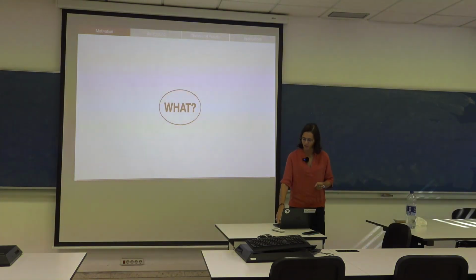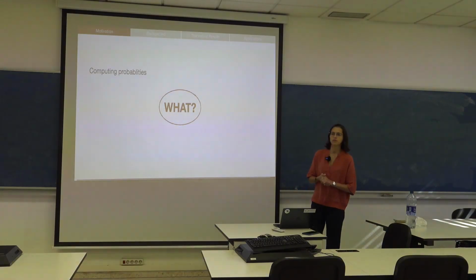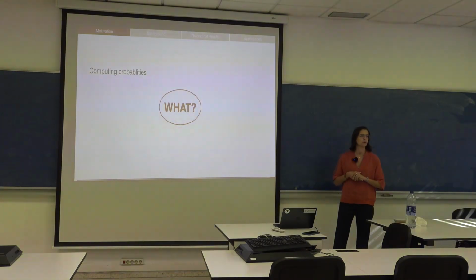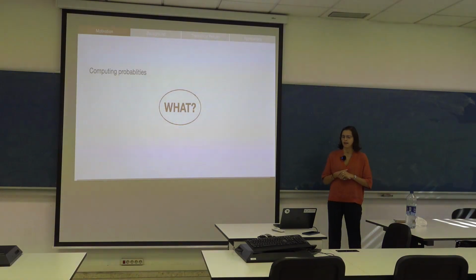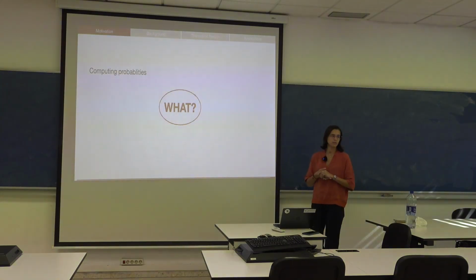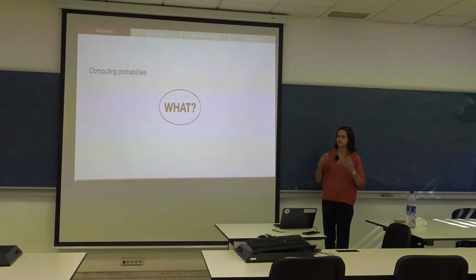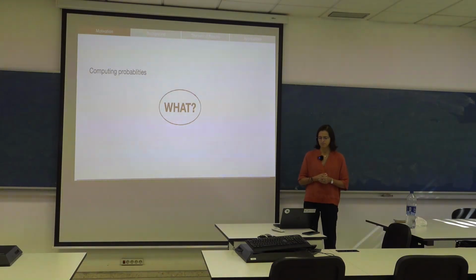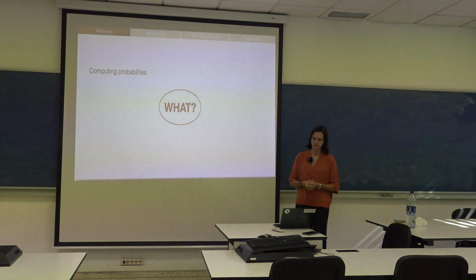One idea could be you try to compute output probabilities of this quantum circuit. This is usually called strong simulation, and you can do the exact version of it, where you try to compute exact probabilities, or you can try to compute approximate probabilities.